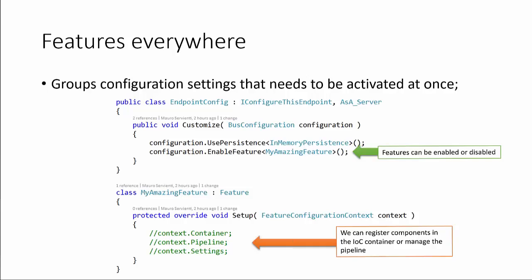So we can call enable feature using the generic version or the overload that takes the System.Type as an argument. And the configuration itself, as soon as we finish the configuration, will call the setup method for each enabled feature, where we have available the container, the pipeline, and all the read-only settings at the configuration level, and we can decide what to do in our feature in order to configure a bunch of stuff.